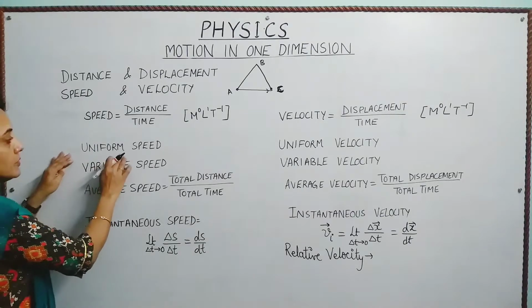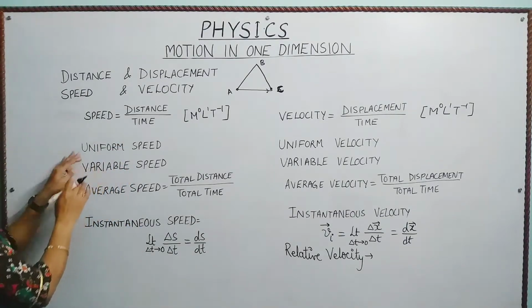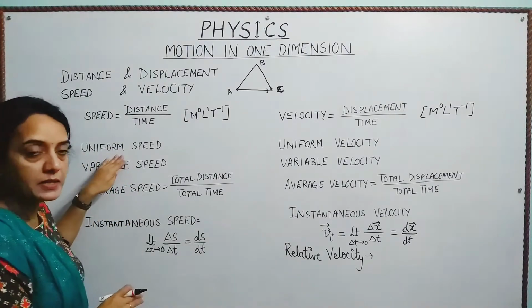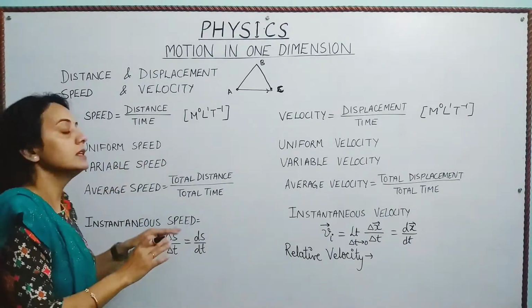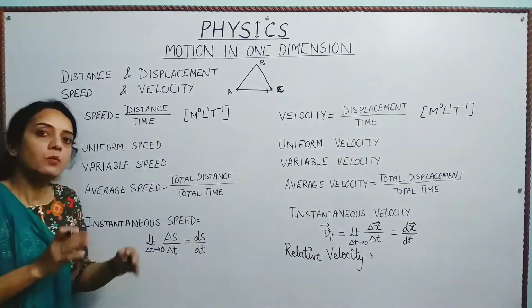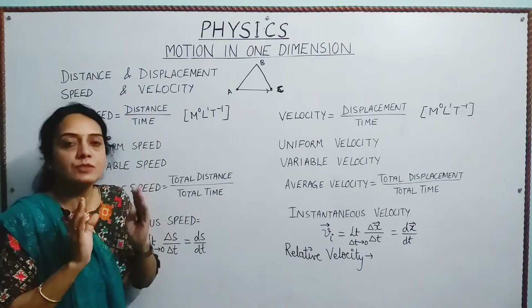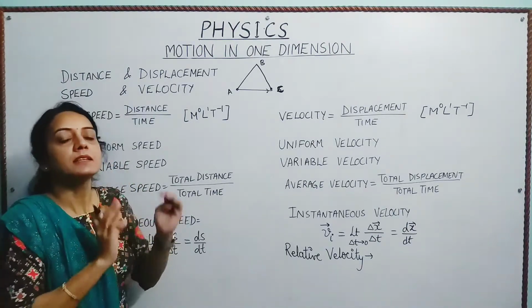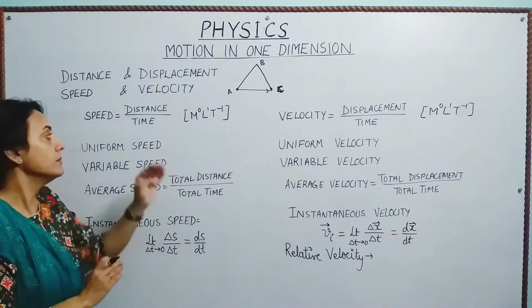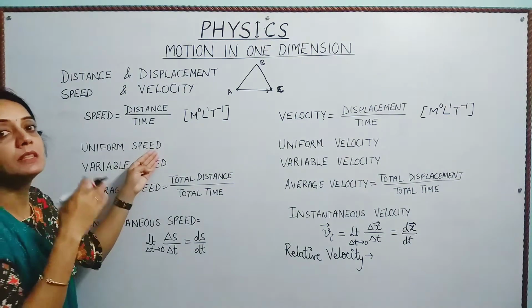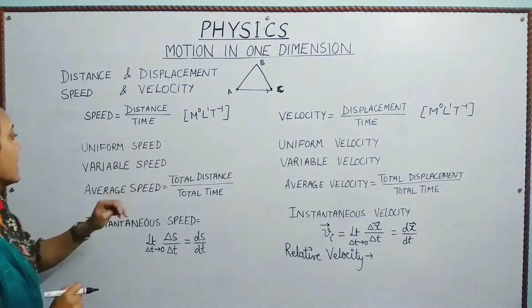Now we come to these things. Uniform speed is acquired when a body travels equal distances in equal intervals of time. Then we say that the body is moving with uniform speed.